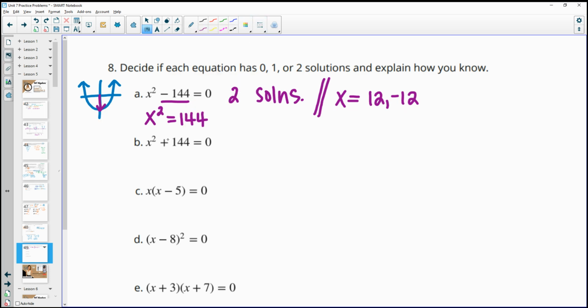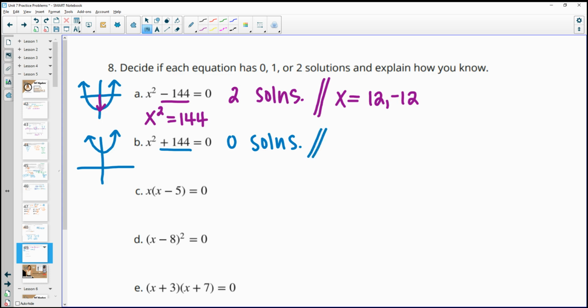B, then, if we use a similar idea on the graphing, B is plus 144. So x² + 144 is going to pull this up. So then we'd see that there's 0 solutions because it doesn't cross the x-axis at all. Okay, so no x-intercepts.